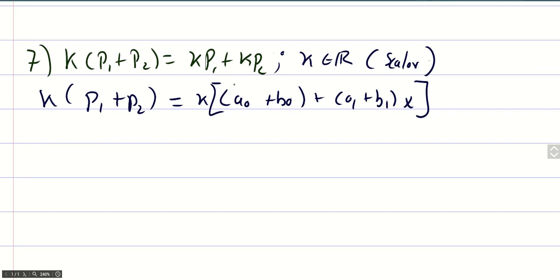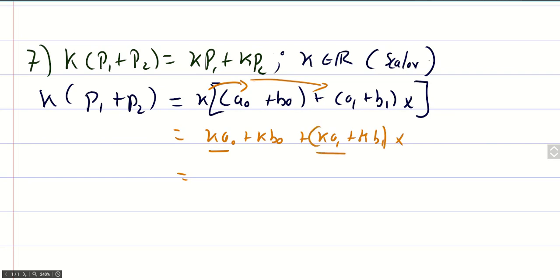That means that k will multiply each of these elements, and that is equal to k a0 plus k b0 plus k a1 plus k b1x. At the end we can put together the elements that have an a in parentheses, multiplied by x.